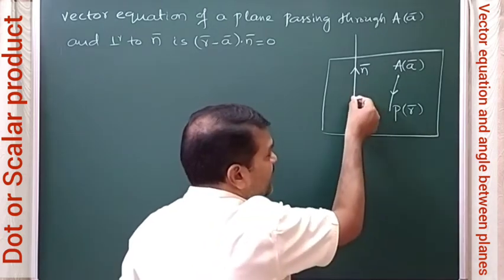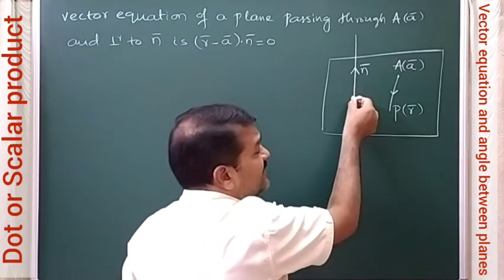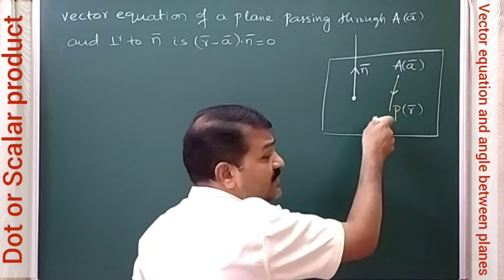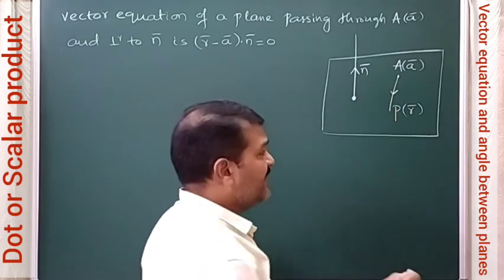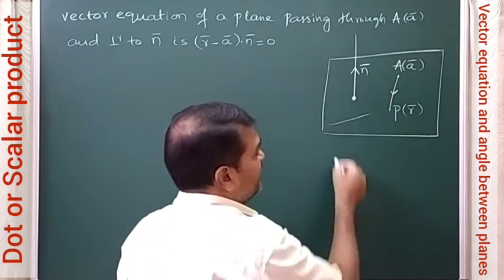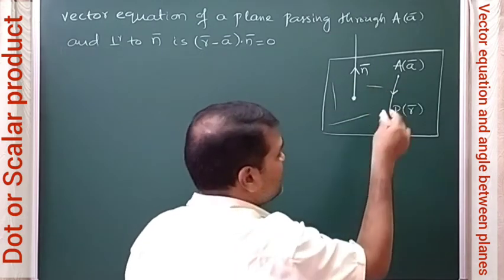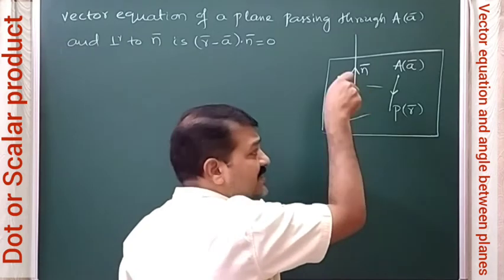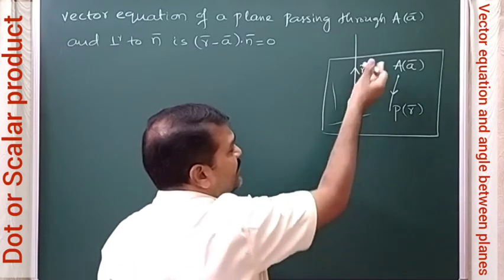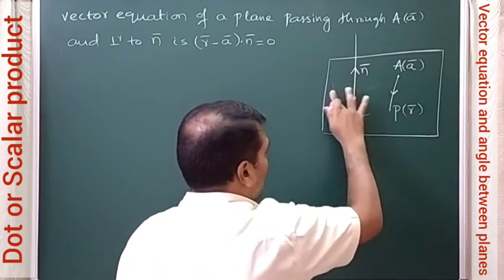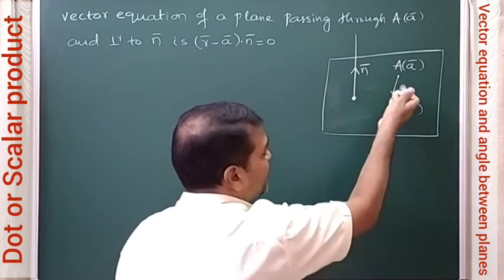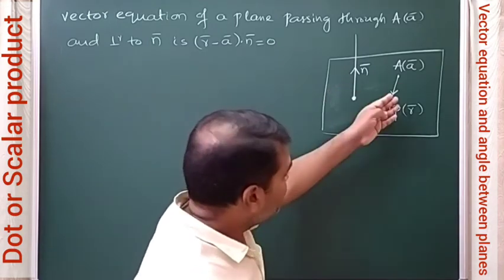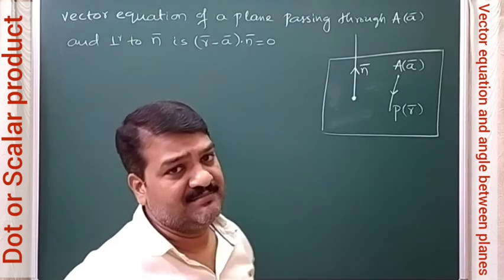That means n bar is perpendicular to any vector drawn on this board. Any vector. So if you draw a vector like this or like this or like this, any vector in this plane will be perpendicular to n bar. So AP bar is also a vector in the plane. So AP bar must be perpendicular to n bar.